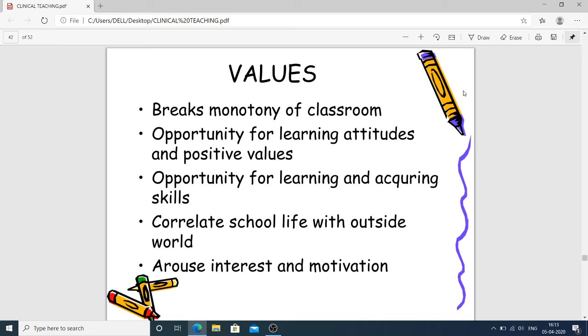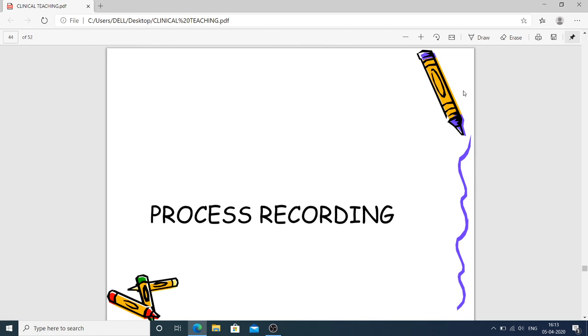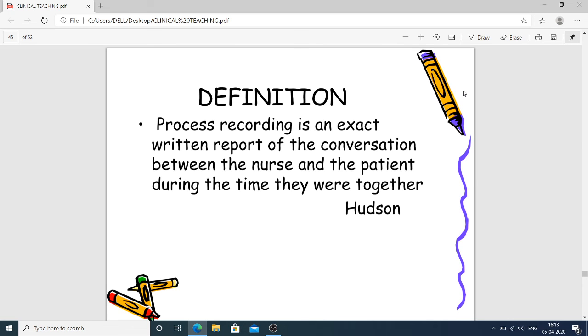Then disadvantages: it is very time consuming, it needs a lot of time to spend on it. Careful planning is required. Transportation problems, safety precautions are required. Observation difficulty for a large group. After that, process recording.